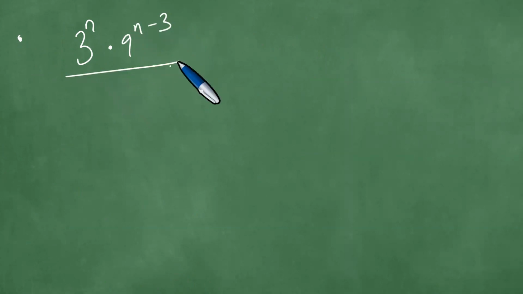What about this one? 3 to the power n times 9 to the power n minus 3 divided by 27 to the power n minus 1. What's the answer here?